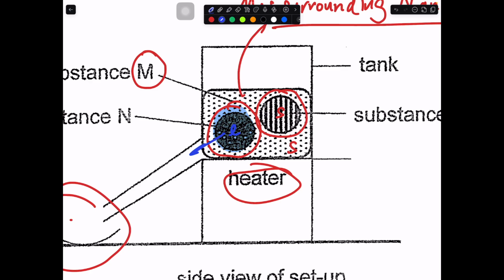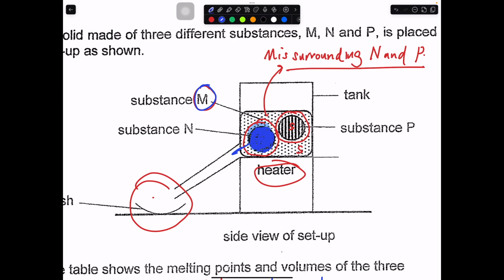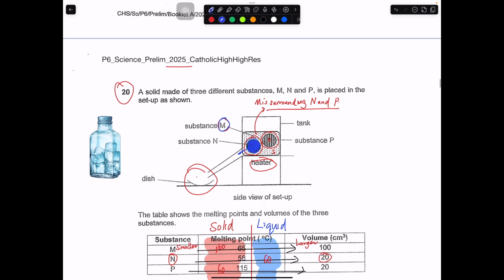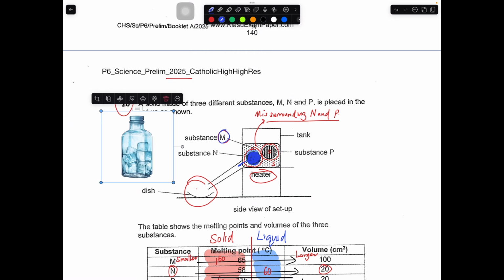But do you realize that it's being contained in substance M? N will just exist as a liquid inside here, and it's being carved out in this shape. So it will just exist as a liquid over here, even though it's been raised above its melting point. This is like a water bottle.